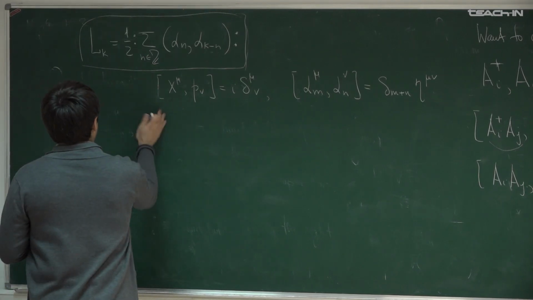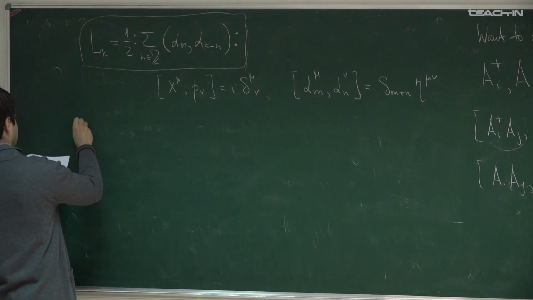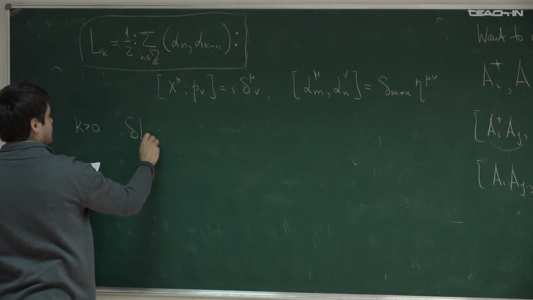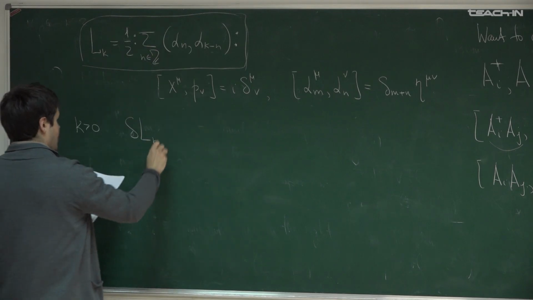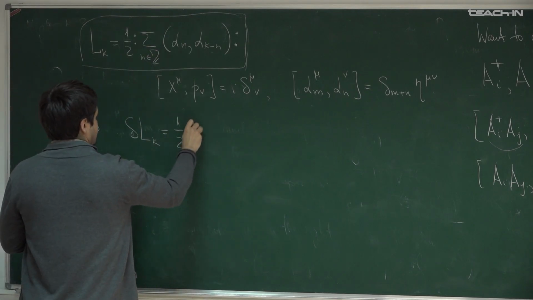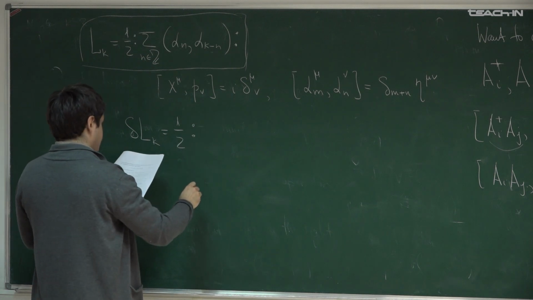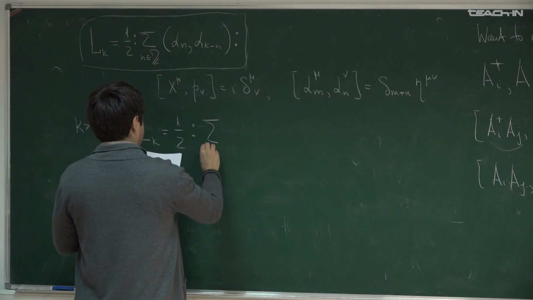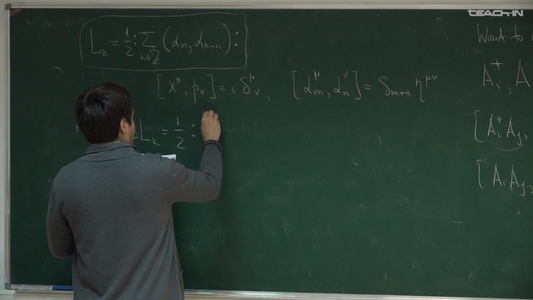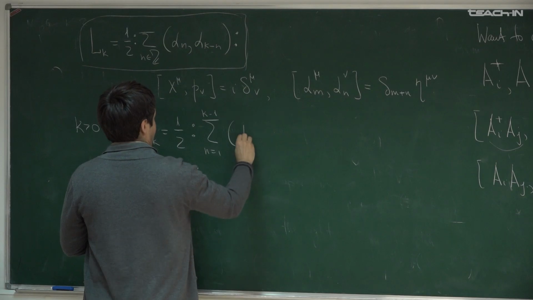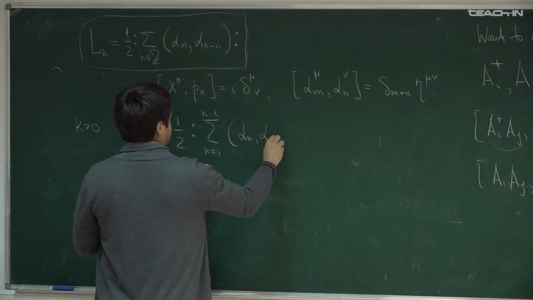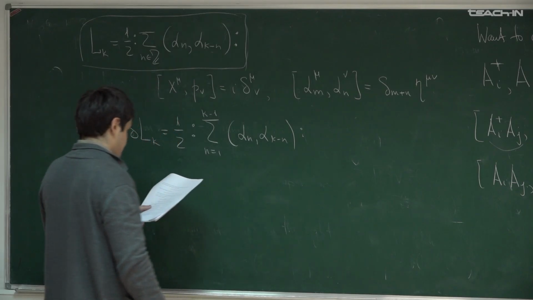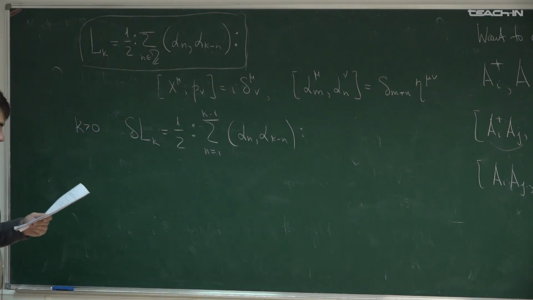Suppose k is greater than 0, then the part of the sum that has this kind of terms is 1/2 sum over n from 1 to k minus 1 of alpha_n alpha_{k-n}.